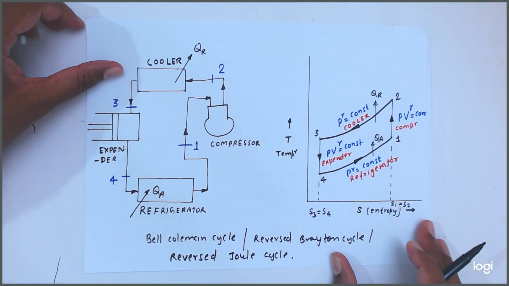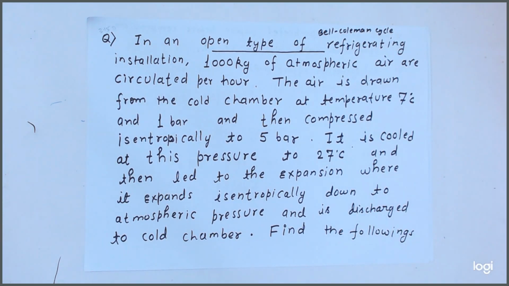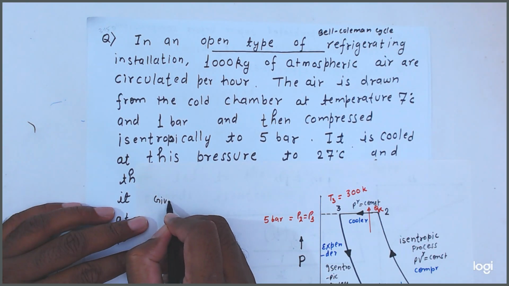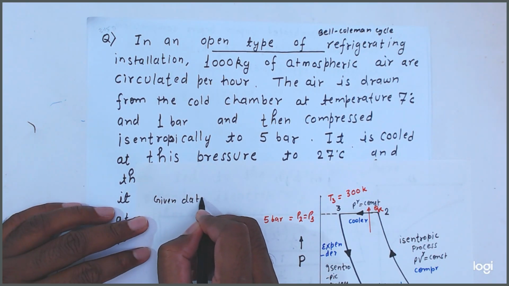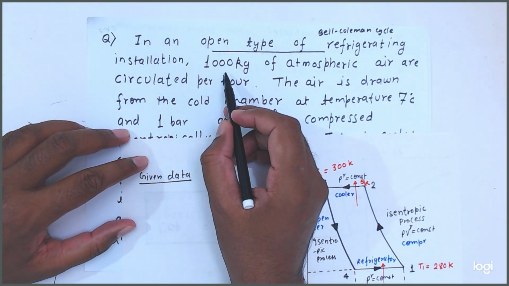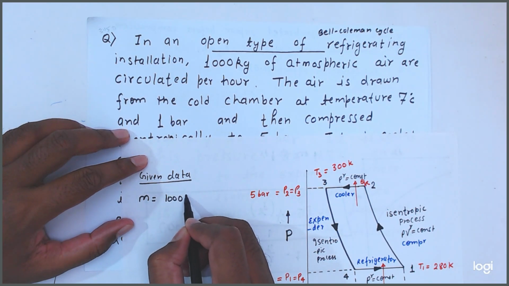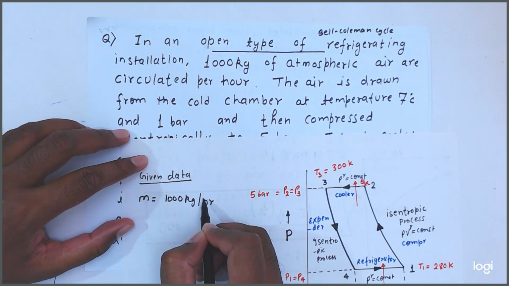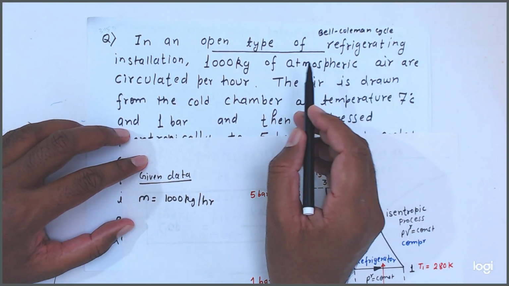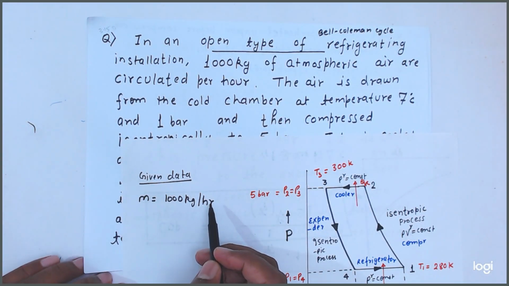Now what data has been given here? Given data: total mass equal to 1000 kg per hour. 1000 kg of atmospheric air are circulated per hour, so mass equal to 1000 kg per hour.